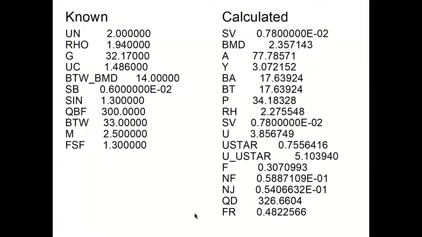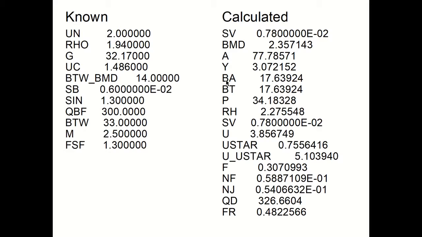These are the results from the Lingo simulation. The left-hand side contains a list of the knowns. The right-hand side contains a list that was calculated. So you can see by selecting a top width of 33 feet with the 2-to-1 side slopes, I get a cross-sectional area, depth of flow in the riffle.